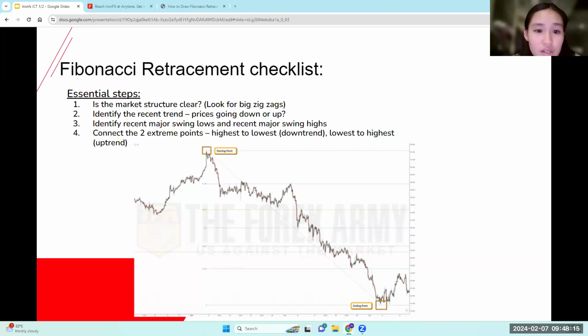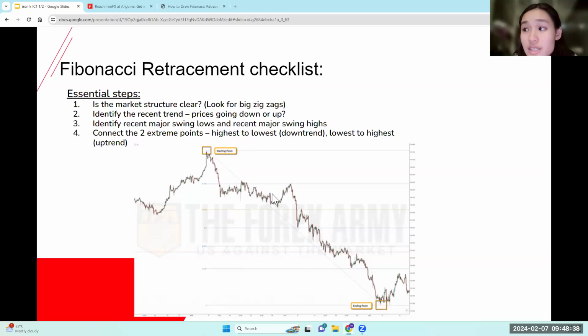Next, we want to look for the recent trend. Are prices going up or down? It's important to always follow the general trend. Next, we want to identify recent major swing lows and swing highs, like those that we've identified previously, and then connect the two extreme points like we have done over here.